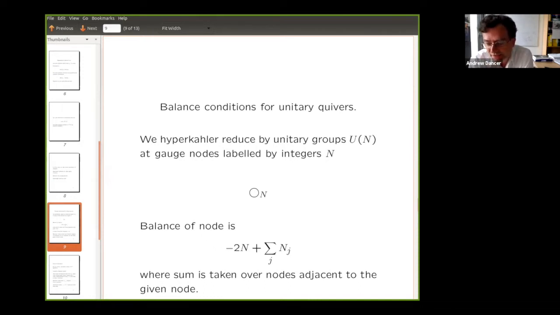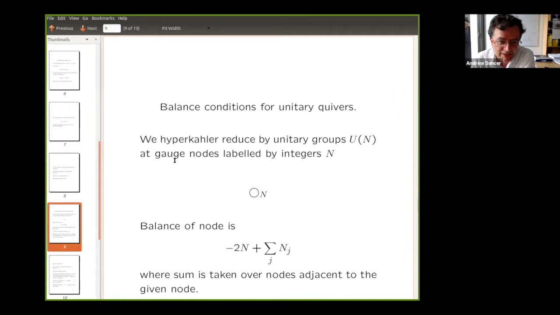The edges are labeled by flat quaternionic spaces. Basically, if you have an edge linking a node with label Ni and a node with label Nj, then the space on the edge will be H^(Ni Nj), which perhaps more nicely we could think of as Hom(C^Ni, C^Nj) plus Hom(C^Nj, C^Ni), and then the unitary groups act in the natural sense.